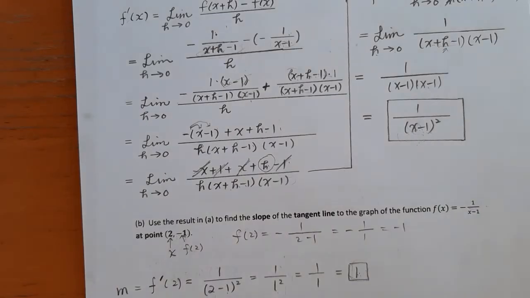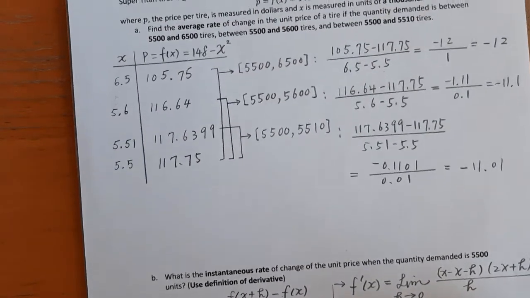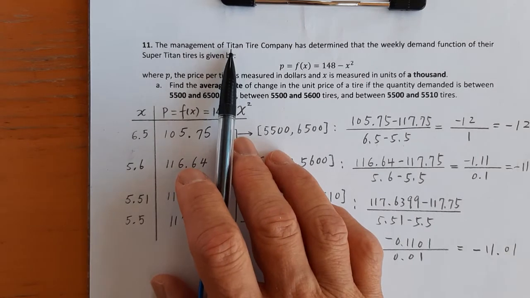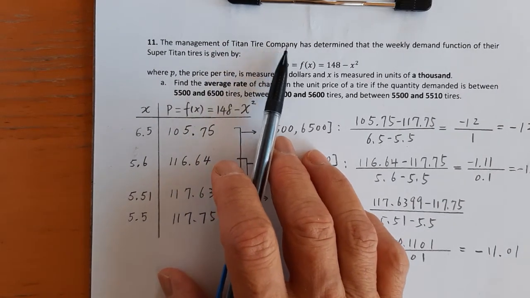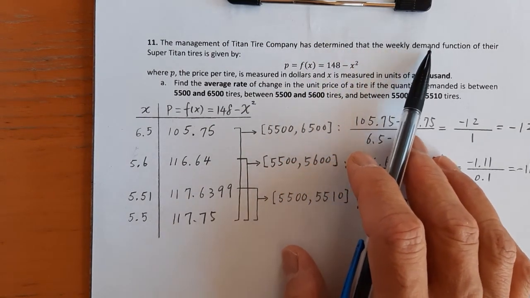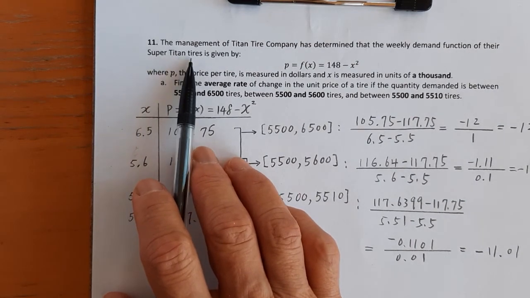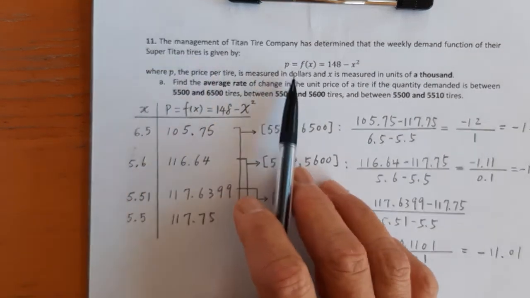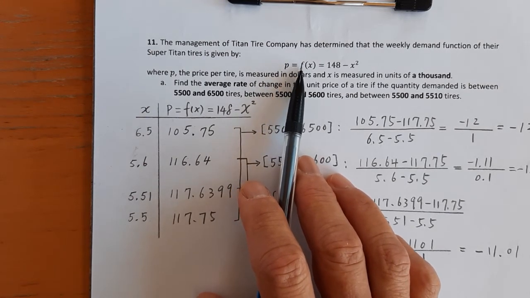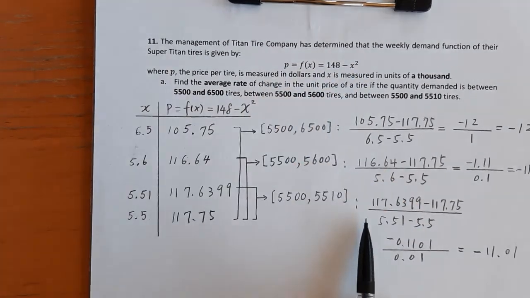Next question. Question 11. The management of Titan Tile Company has determined that the weekly demand function of their Super Titan tires is given by P equals 148 minus x squared.